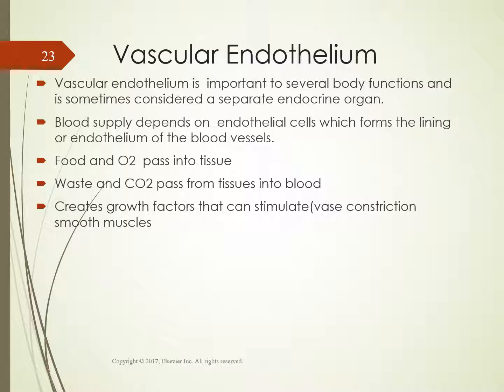It forms a smooth lining of the blood vessels that resists clot formation, and it creates a compound to promote clot formation in injured areas. It lets food and oxygen pass into the tissue. Waste and CO2 pass from the tissue into the blood, and it creates growth factors that can stimulate and vasoconstrict smooth muscles.